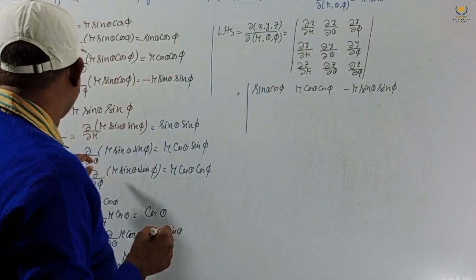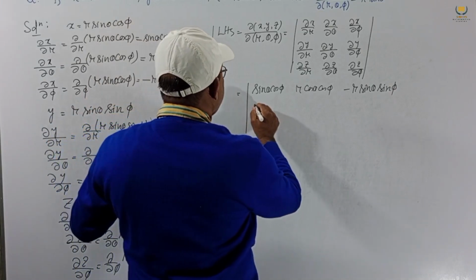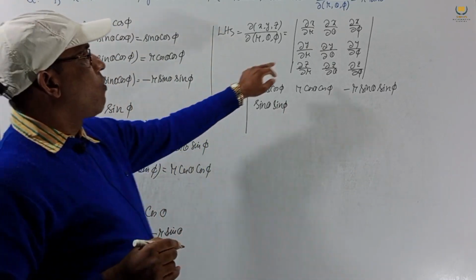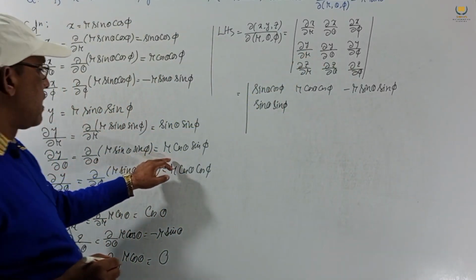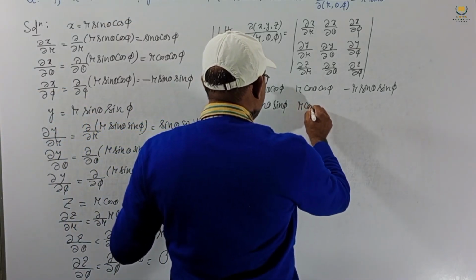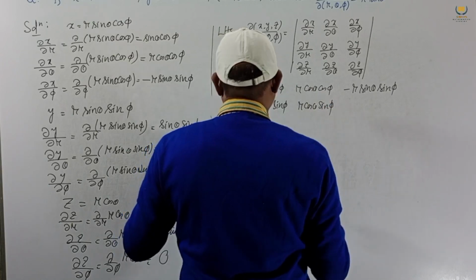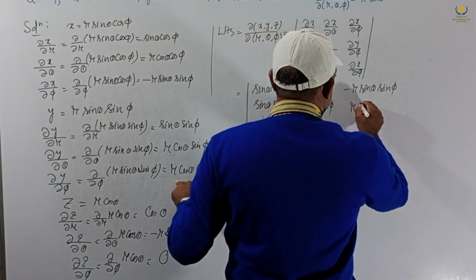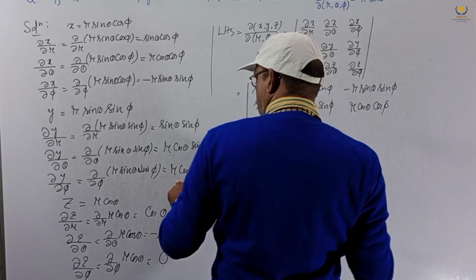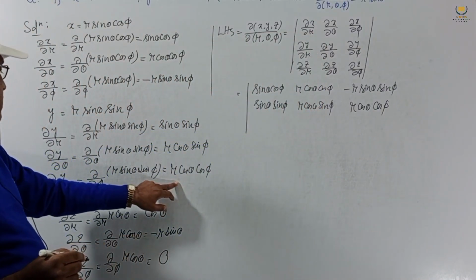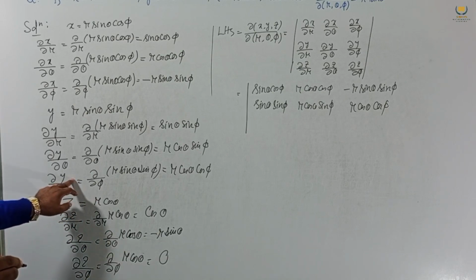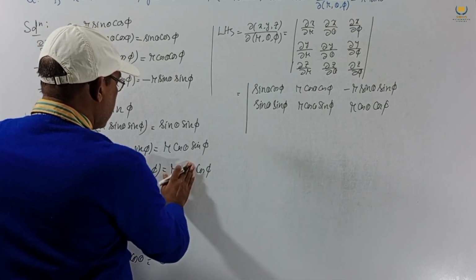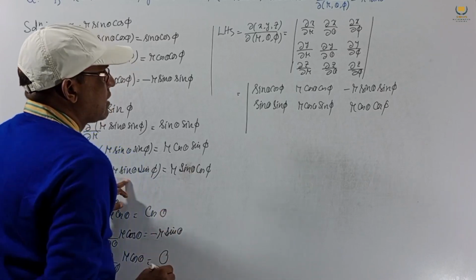Now del y del r is sin theta sin phi. Del y del theta is r cos theta sin phi. Del y del phi is r sin theta cos phi.